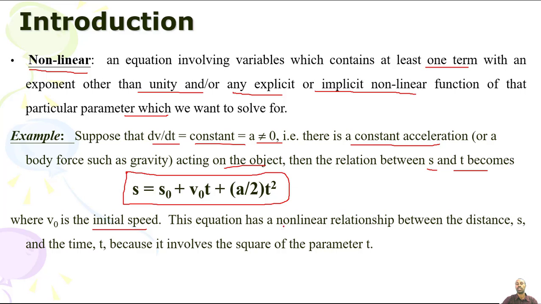This equation has a nonlinear relationship, clear? A nonlinear relationship between the distance s and the time t, because it involves the square of the parameter t. So this is just a sample nonlinear equation.